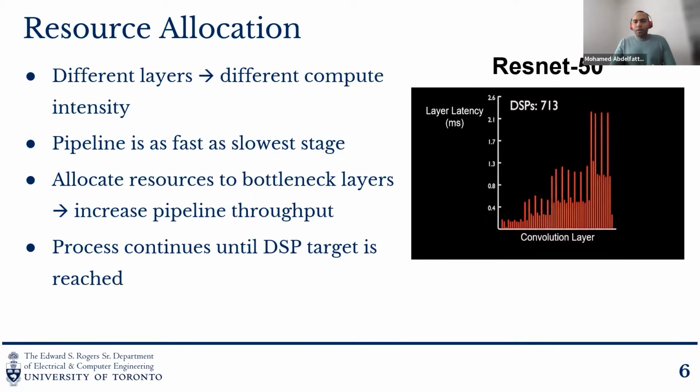But as the compiler goes on, it tries to allocate DSPs to those layers specifically, and it continues until it reaches the target, which is in this case 5,000 DSPs. And by the time it does that, you can see that the pipeline is pretty balanced, and that the maximum latency is below 0.3 milliseconds, which improves the overall throughput of the pipeline.